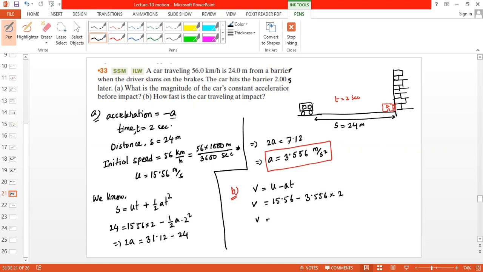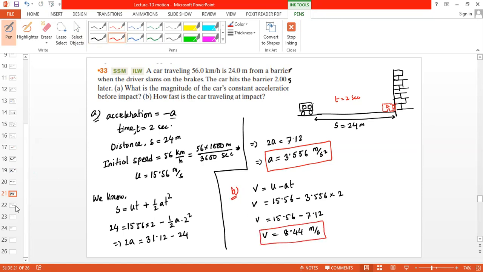So your velocity right before the impact is 15.56 minus 7.12, which is 8.44 meter per second. So the velocity at impact was 8.44 meters per second.